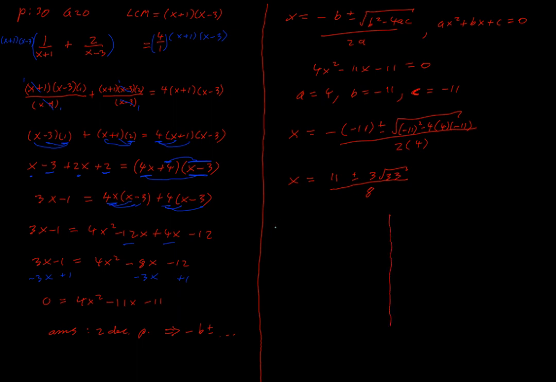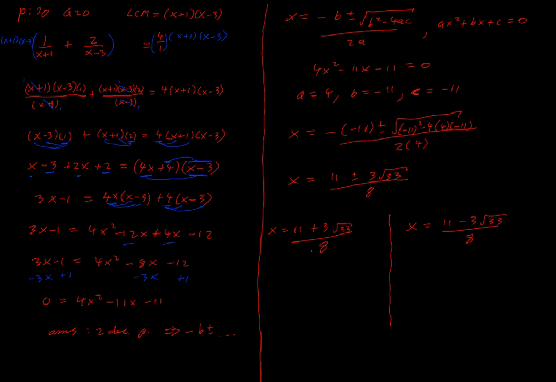We draw a line down our page, we have x is equal to 11 plus 3 root 33 all over 8, or x is equal to 11 minus 3 root 33 all over 8. So plus or minus, plus or minus.